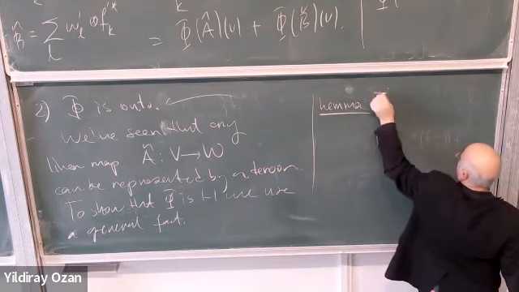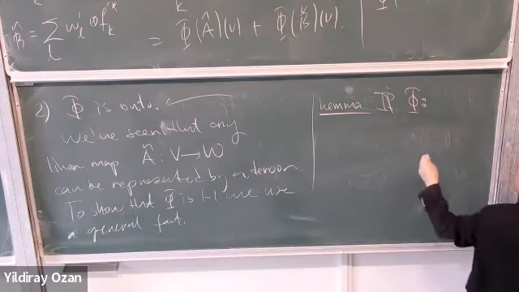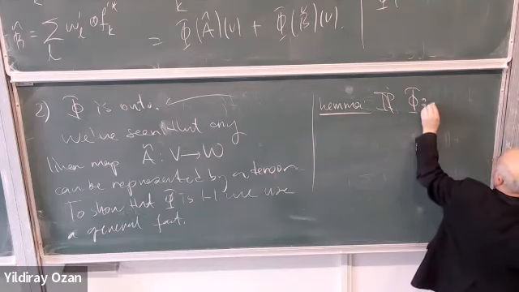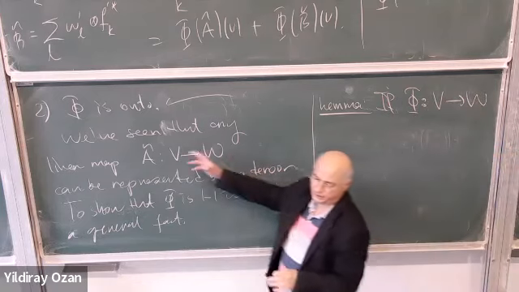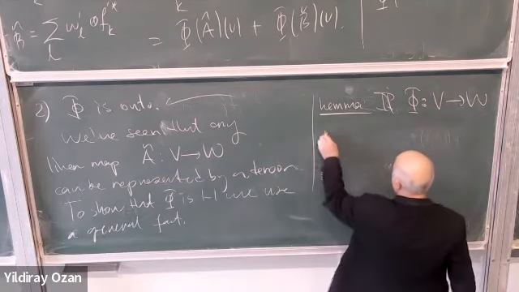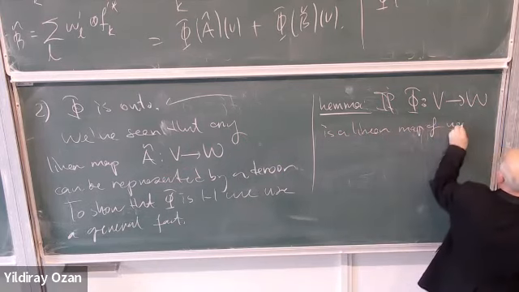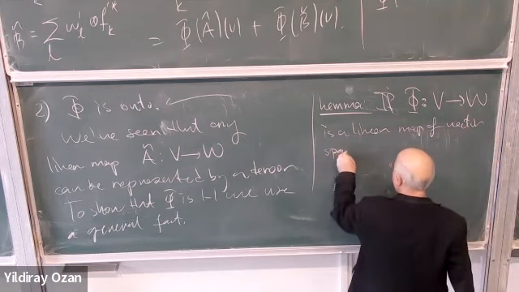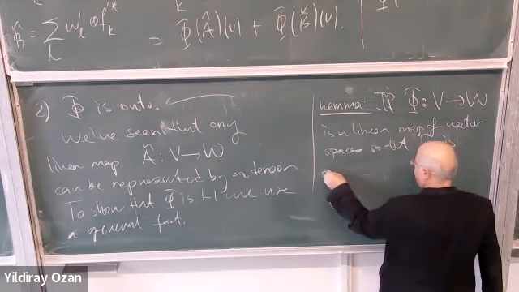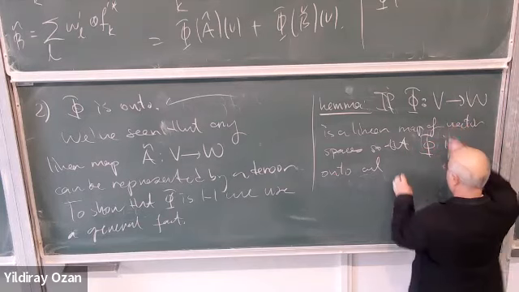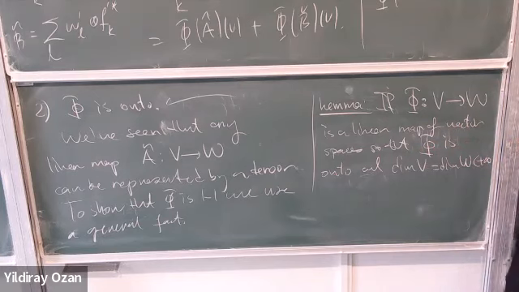If there is a linear map from a vector space B to W, and this B and W don't have to be these, any vector spaces, so that this map is onto and dimension B equals dimension W, and they are both finite, then this is one-to-one, and thus it's an isomorphism.